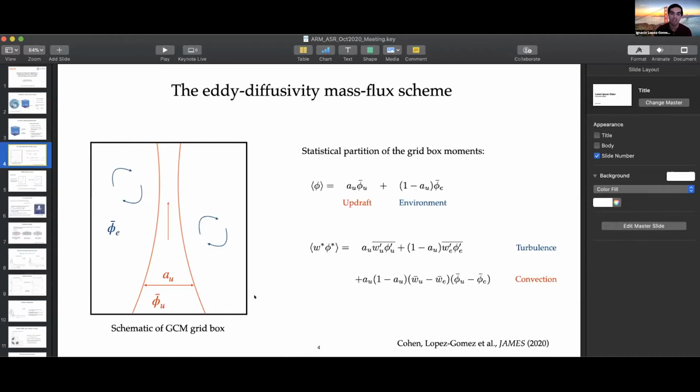So if we look at this decomposition physically, we can see that the first two terms are representative of turbulence that is occurring within each of the subdomains, and the latter is representative of convective, more large-scale processes. So the EDMF scheme provides a framework in which these turbulent and convective processes can interact.